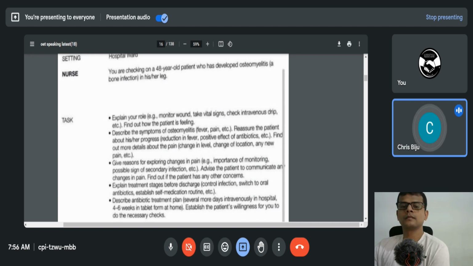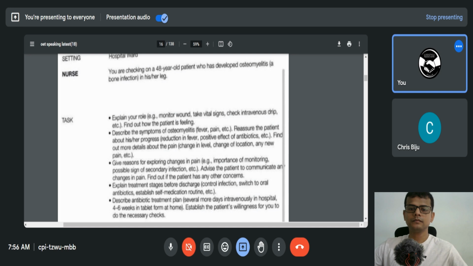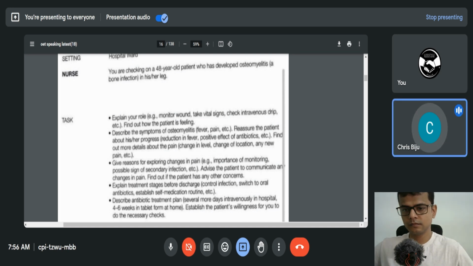Is it clear for you? Okay. I can also explain to you regarding the antibiotic treatment plan. You need to continue intravenous antibiotics for a few more days in the hospital, and after which, for 6 to 8 weeks, you need to take these antibiotics in tablet form at home.